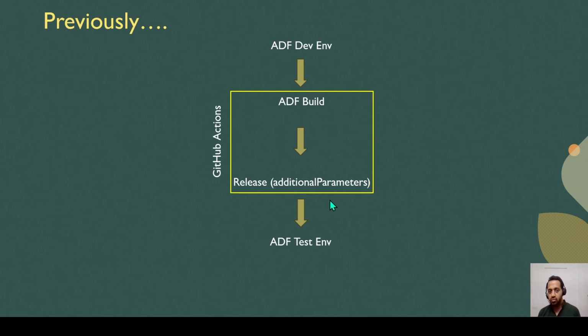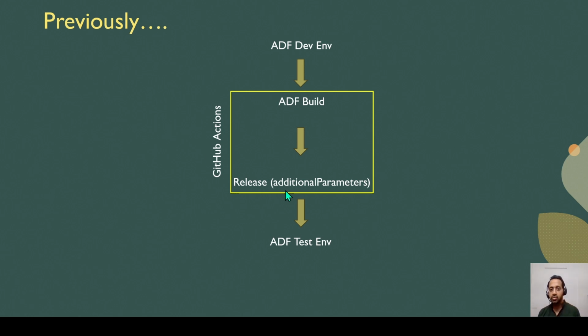We have achieved this so far, but this process requires a manual update to the release process every time you have a new linked service, a new key vault, or a new storage space that you are onboarding.